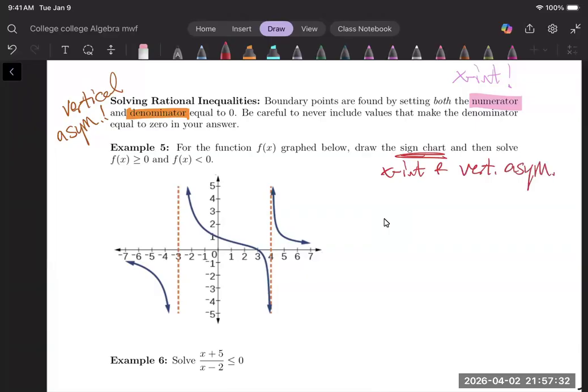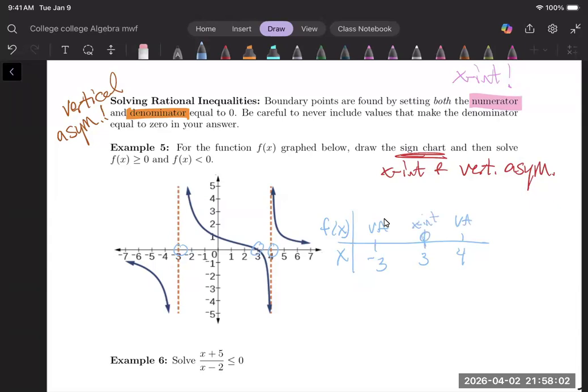Okay, so for the sign chart for this graph, we have our x, our f of x, and then these three things are going to go on the sign chart. So -3, 3, and 4, bearing in mind that -3 and 4 are vertical asymptotes, and 3 is the x-intercept.